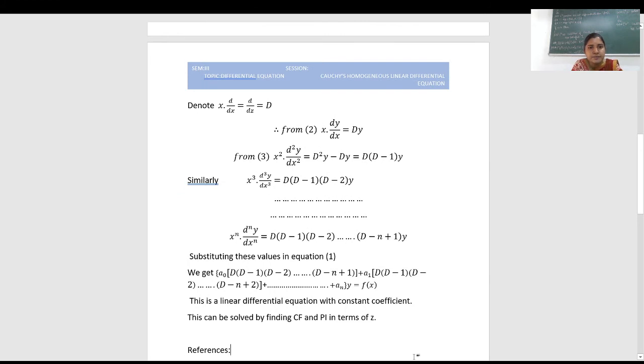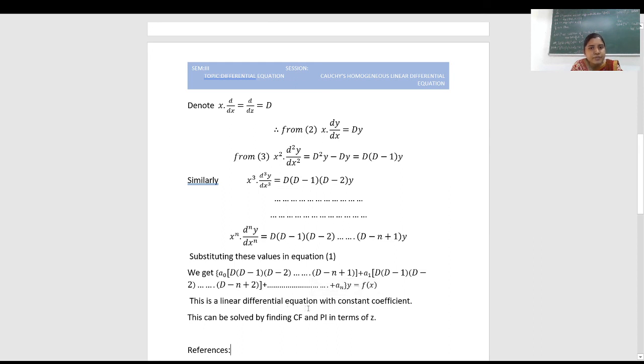The terms become a0 D(D minus 1)(D minus 2) up to (D minus n plus 1) y. In these terms y is common, so taking it outside, plus the second term a1 D(D minus 1) up to (D minus n plus 2), and so on, plus an y = f(x).